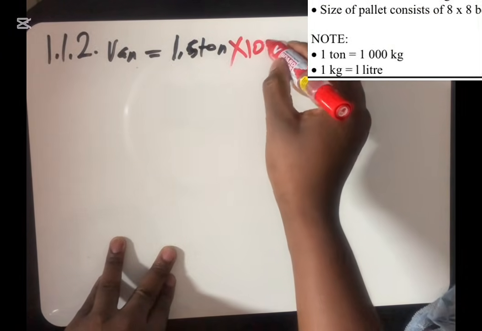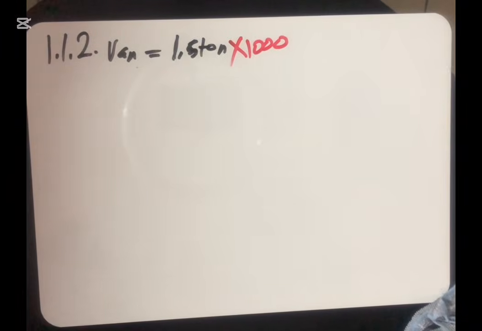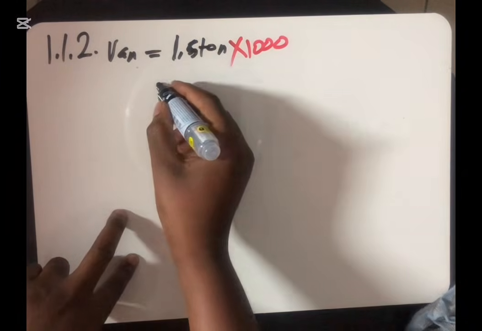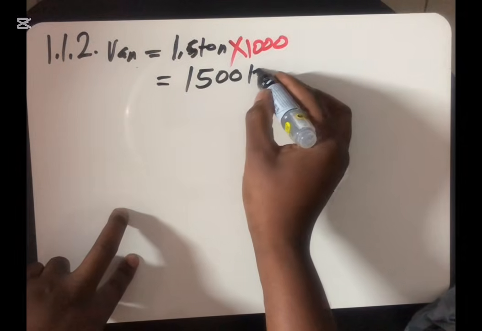Let's multiply this by 1,000 because we are given the relationship between the two to say that 1 ton is equal to 1,000 kg. So 1,5 multiplied by 1,000 is 1,500. So the van can only carry a weight up to 1,500 kg.